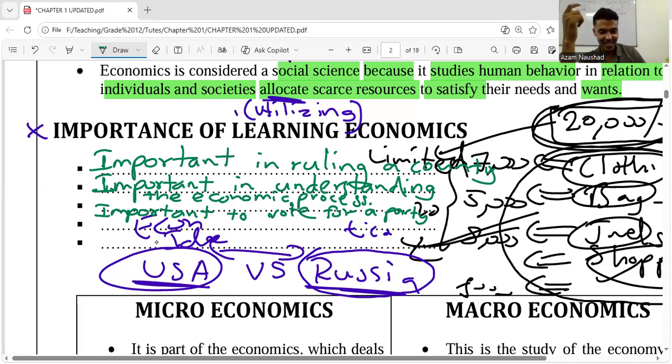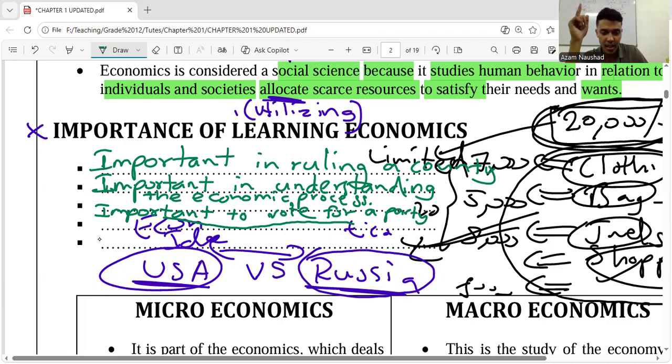Anura Kumara Dissanayake came in. He suggested his policies and decisions, the work plan, and people believed in that. We'll see down the line in 5 years whether he is going to fulfill those promises or not. Basically, you need to have an idea of economics in order to vote for a party, how they are going to run the country and make decisions.